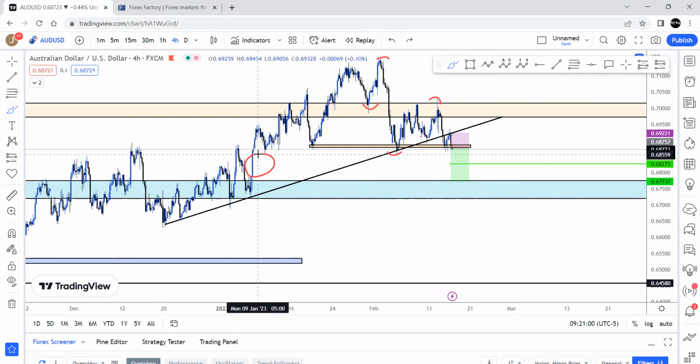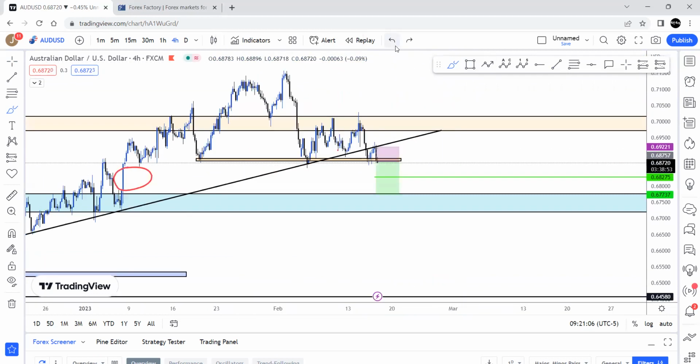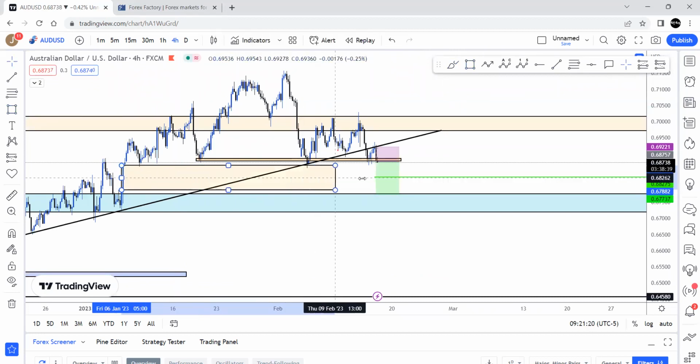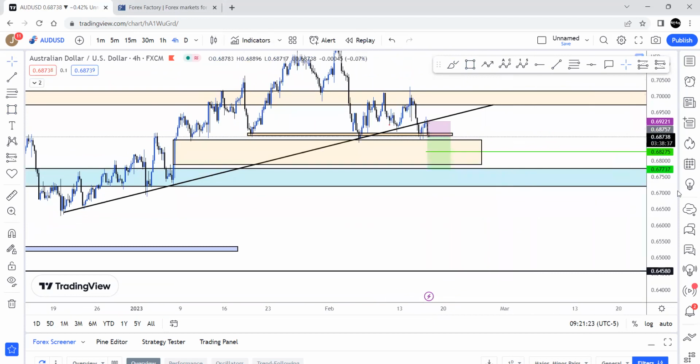And on top of it, as you see, I circled over here, we have an imbalance. I call it an imbalance whenever we have a gap in the market. As you can see, between this level and here, we have no form of price being tested.